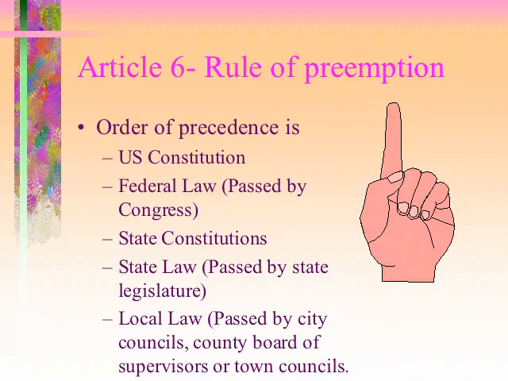Now, an example of this would be that the county of Alameda wanted to pass a law which allowed the issuance of hypodermic syringes. This was at the very beginning of the AIDS epidemic, and they thought they were trying to do the right thing. They were about to vote on passing this legislation, which would allow the giving away of hypodermic syringes.